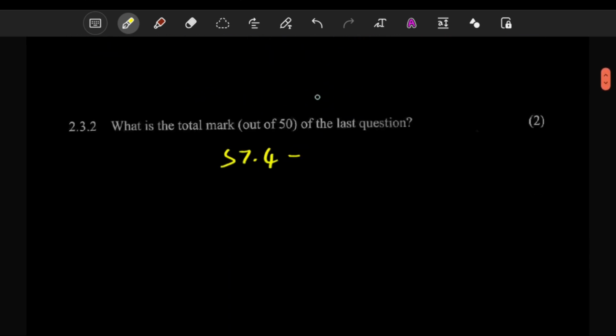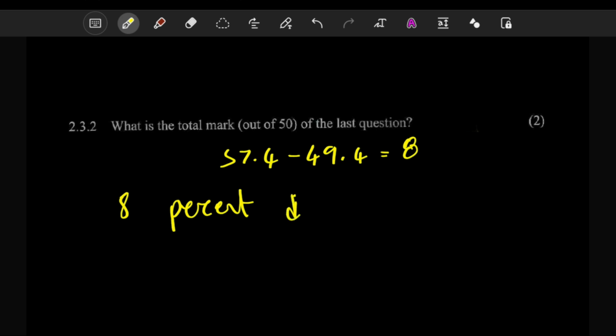Let's check the percentage difference first. If you check in your calculator, this is exactly 8%. So there's an 8% gap. So the idea is, if there's an 8% difference, you see, 8% difference.